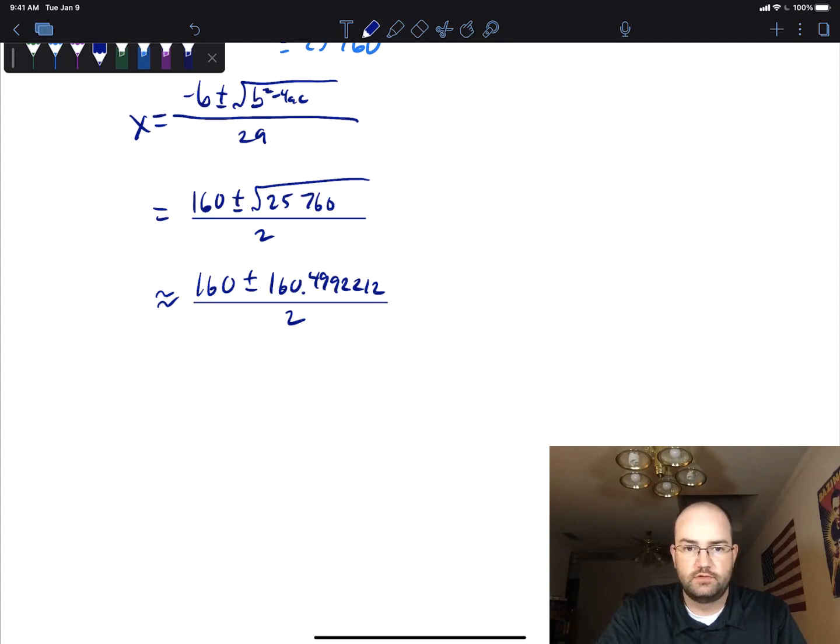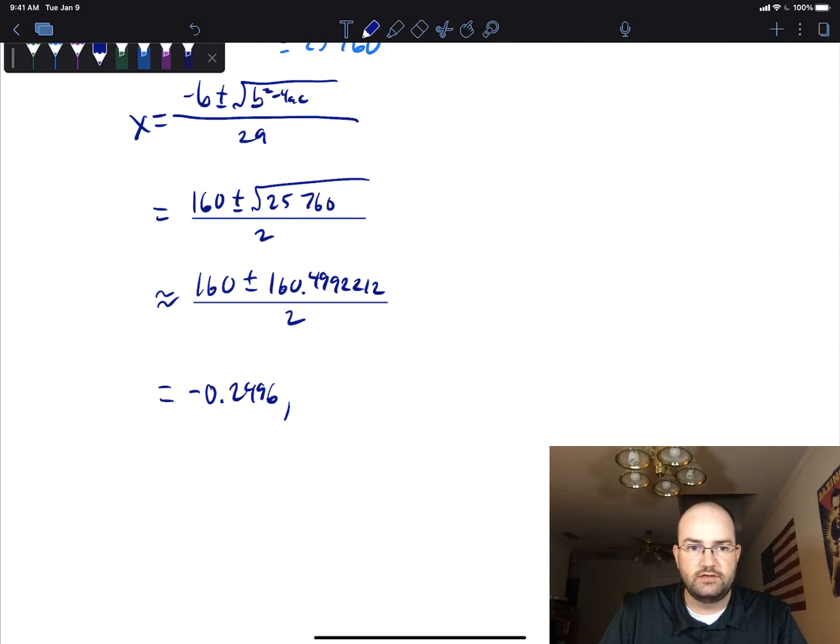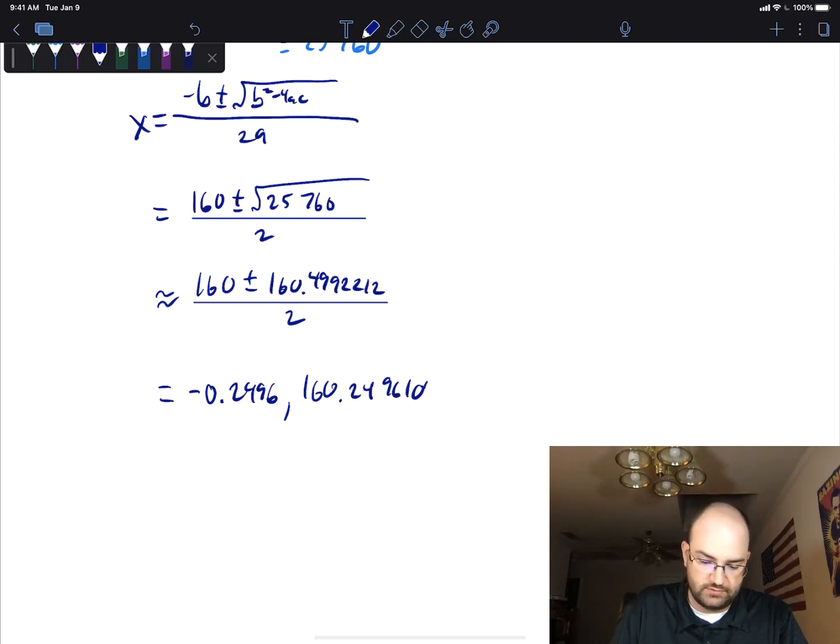So let me do this. What I get whenever I do the minus is negative 0.2496, and so on. And let's do this again, plus the 160 over 2, gives me 160.2496106.